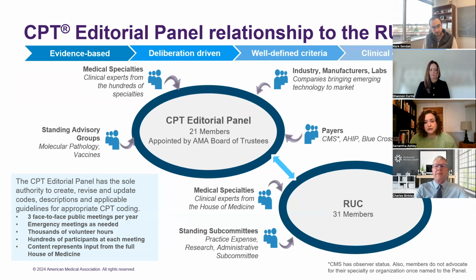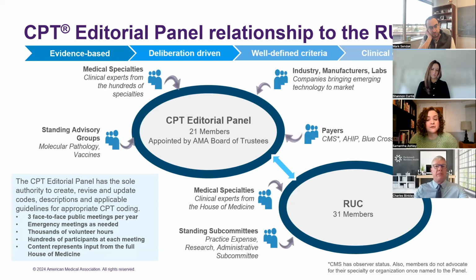Current procedural terminology, CPT codes, offer doctors and healthcare professionals a uniform language for coding medical services and procedures. The CPT editorial panel is responsible for maintaining the CPT code set, and the panel is authorized by the AMA Board of Trustees to revise, update, or modify CPT codes, descriptors, rules, and guidelines.